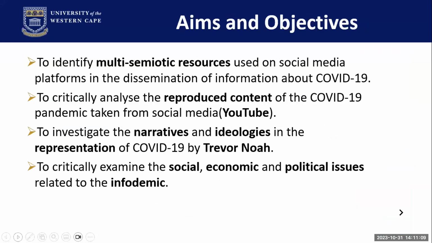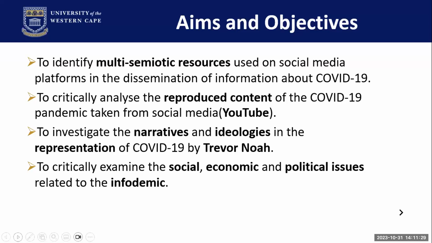So what is evident here is that we're not only dealing with a health crisis, but also a language crisis. So what are my aims and objectives? Number one, to identify multi-semiotic resources used on social media platforms in the dissemination of information about COVID-19.